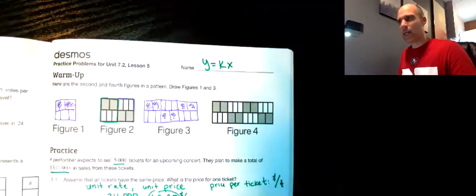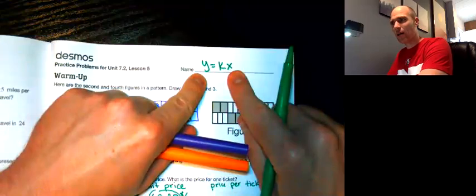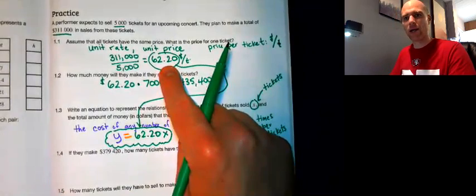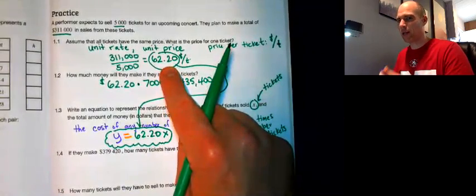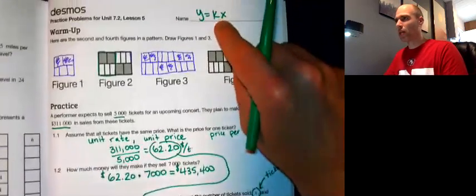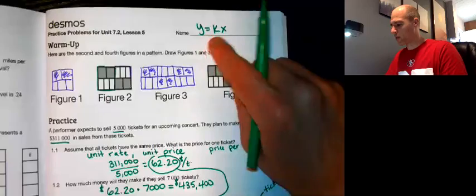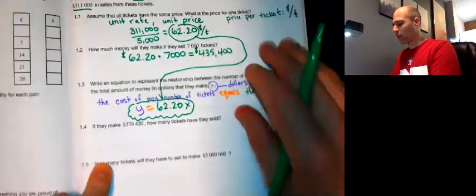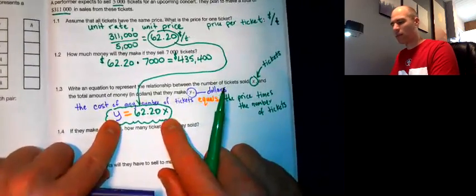And so really all we did is we found our k, which was $62.20, right? I called it the unit rate, but unit rate and constant of proportionality are the same thing. And so once we found this k, we just plugged it in. We wrote y equals 62.20x instead of y equals kx. This works regardless of what these letters are.